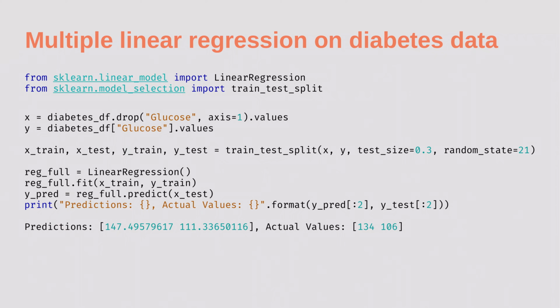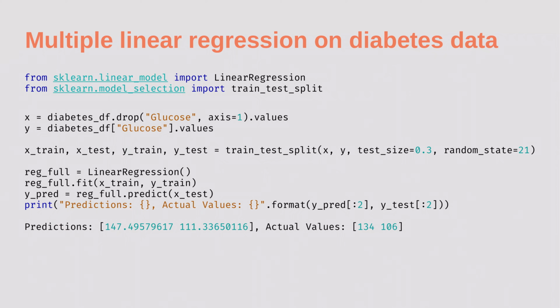First, we import linear regression from sklearn.linear_model and also bring in train_test_split to split our data. We separate the explanatory variable and the response variable. We drop the glucose column from the dataset and store the rest of the columns as our explanatory variable dataset called x, and keep just the glucose column as the response variable as y.